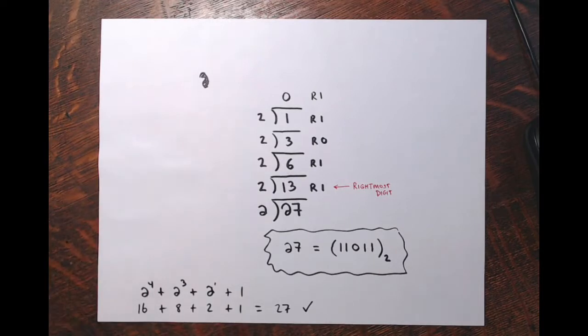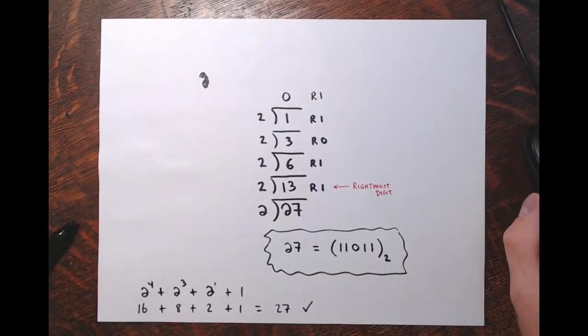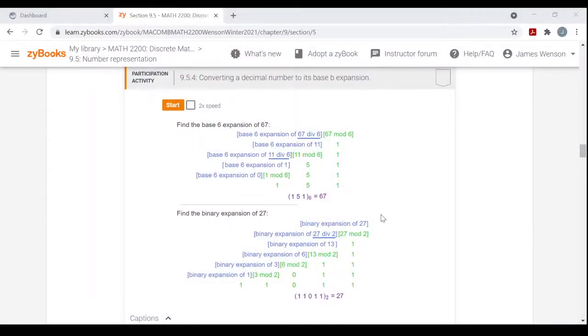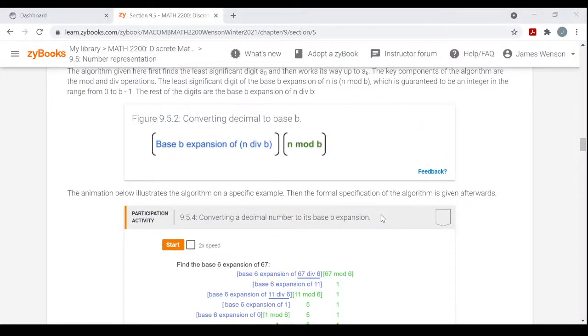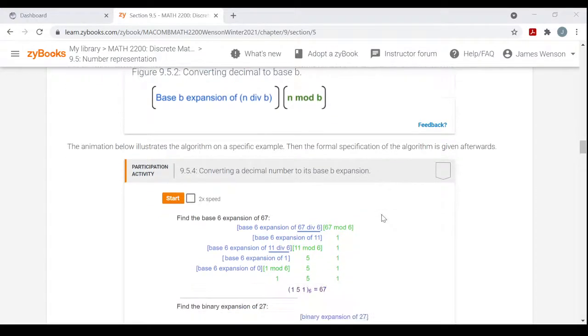So this is correct. Okay, so again, it's easy to take a number in decimal and express it in terms of some other base, right? Just keep dividing by that base number.